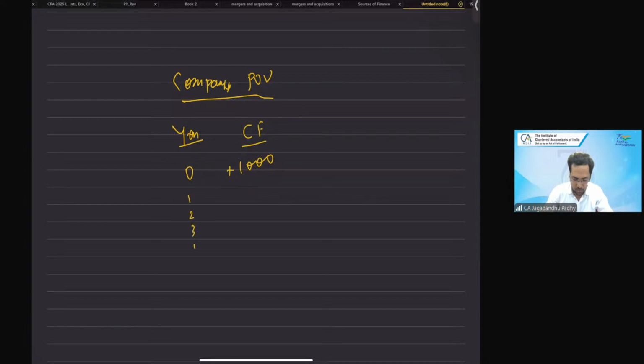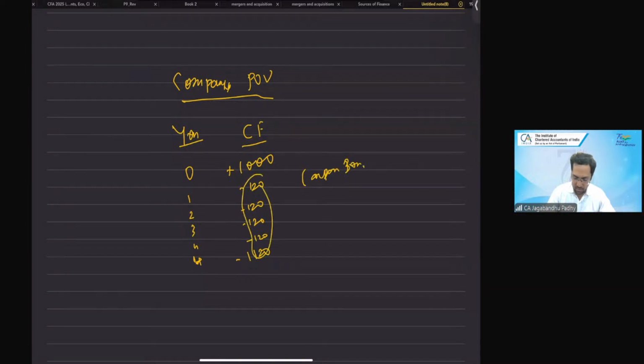Years 1, 2, 3, 4: every year, the company pays, let's say, 120 rupees interest. And then in the fourth year, finally 1,120 is paid. So 1,000 is a cash inflow, 120 is paid every year till the fourth year, and then finally you have 1,120. So now this is a typical coupon bond.